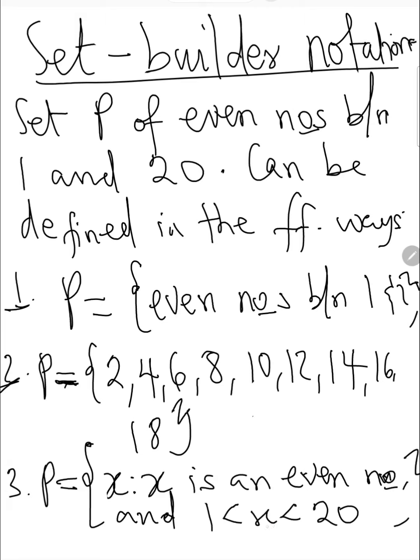So x is lying between 1 and 20, or you can say that x is greater than 1 and x is less than 20, or you can also say x lies between 1 and 20.